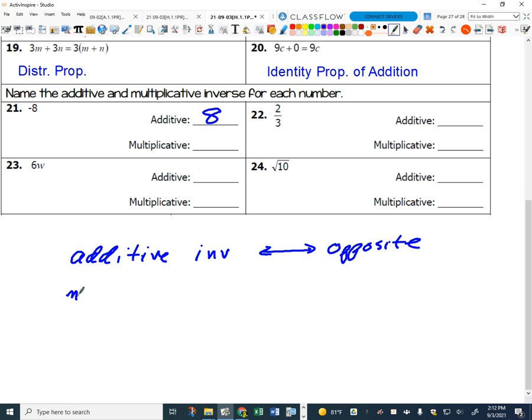The multiplicative inverse is the same thing as what? Reciprocal.